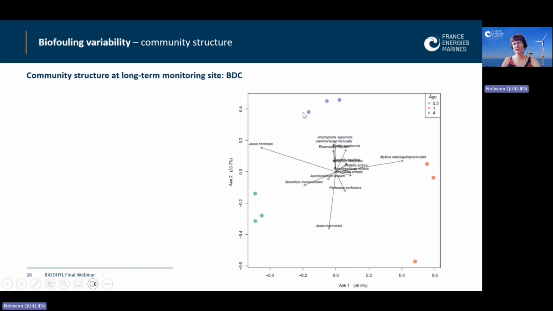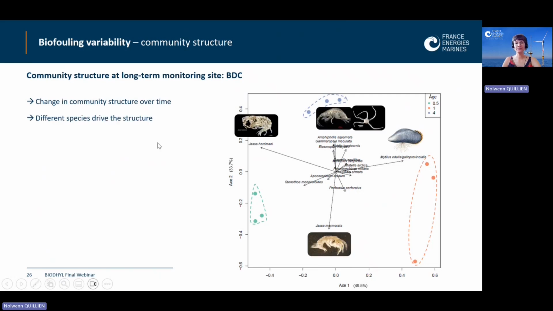Each dot is one sample, and when the dots are close together, it means that the community structures, the assemblages of the organisms, are more similar. So we can see that across time there is a change in community structure. With the community at 6 months on this part of the analysis, then after 1 year on this part in orange, and after 4 years they are in blue.